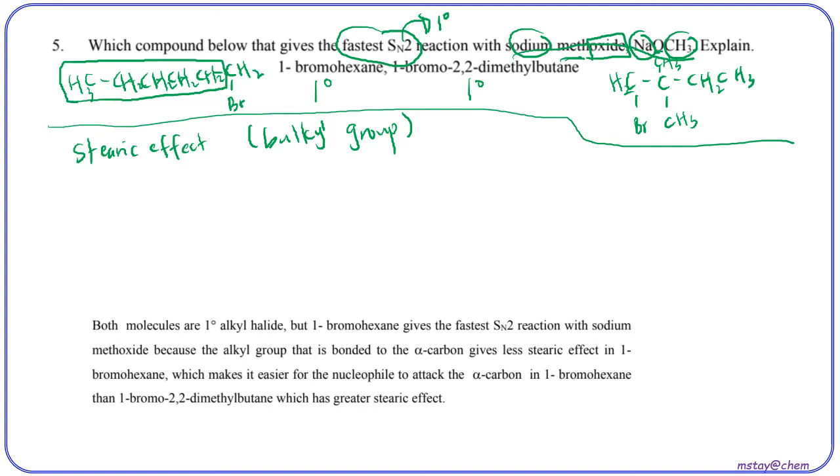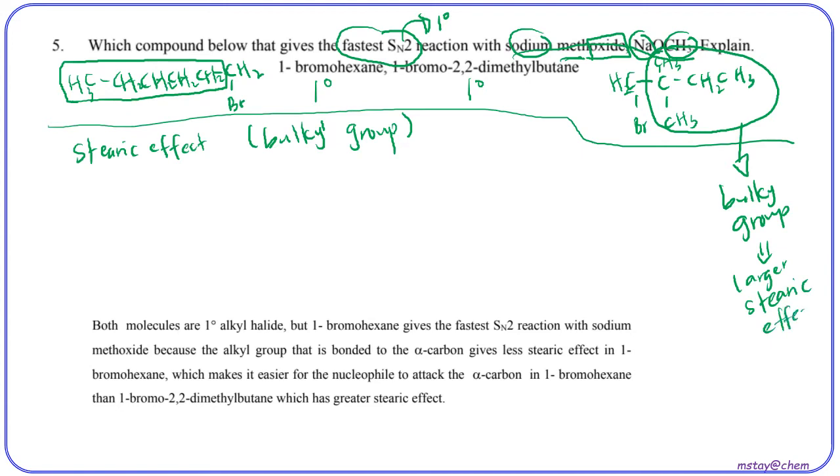But for this one with the tertiary group, we will consider it as a bulky group. Bulky group means they have a larger steric effect. If they have a larger steric effect, it will be less reactive towards Sn2.